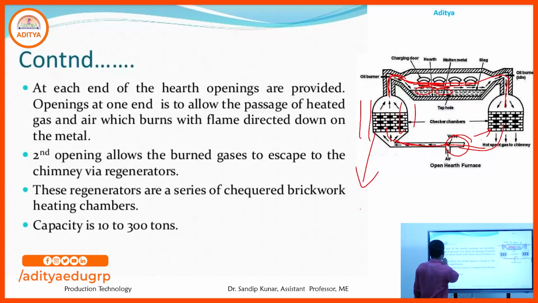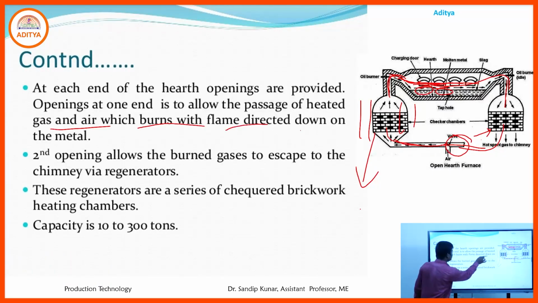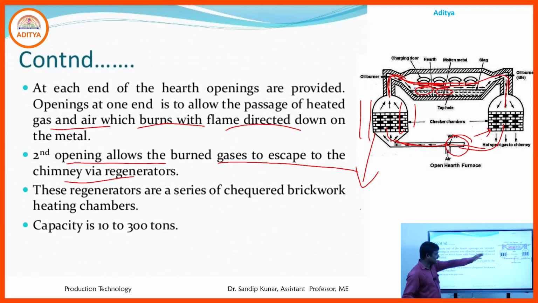The first opening is the passage for heated gas and air, which burns with the flame directed down on the metal. Means through two passageways, through one the preheated gas passes and through the other heated chamber the air passes. The second opening allows the burnt gases to escape to the chimney via regenerators.